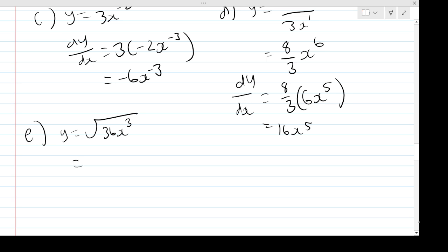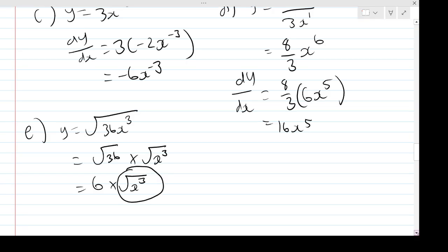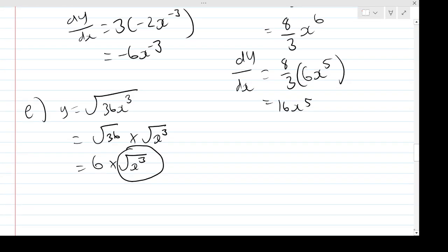In this way, so we could split this up to root 36 times root x cubed, okay? And then root 36 actually simplifies to just 6. So root 36 is 6. So we have 6 times root x cubed. Well, actually then we can rewrite this as just a power. Because remember, root a is just a to the half, right?